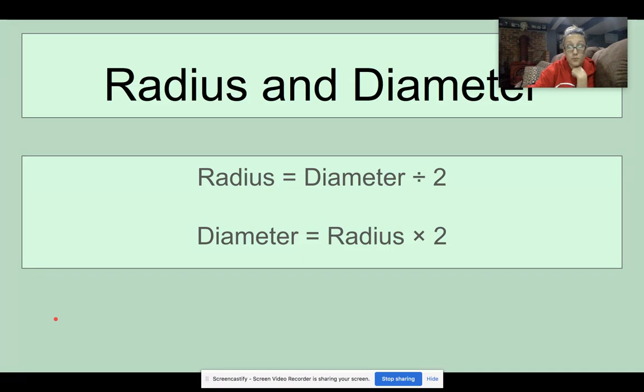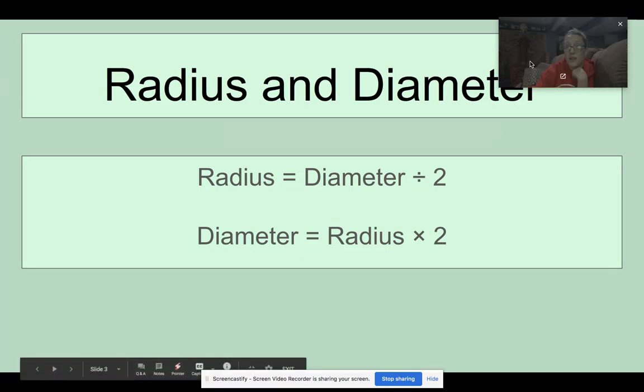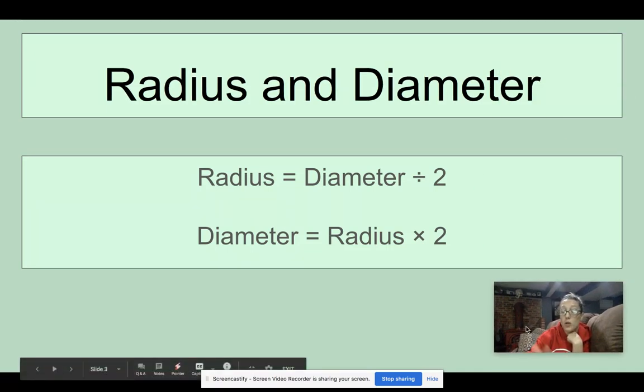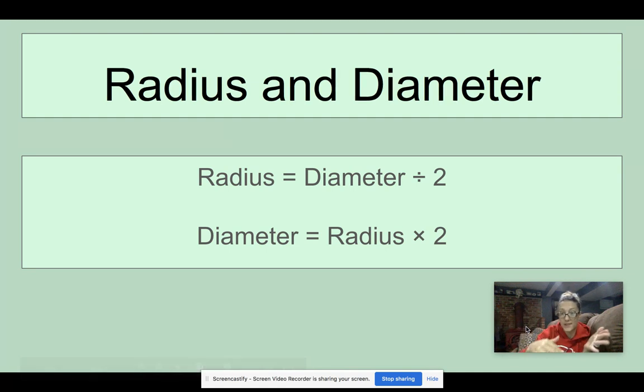All right, so important notes about radius and diameter. On our last slide, we showed the radius going from the center to one edge, and the diameter going from one edge all the way across, passing through the center. So what does that mean? That means the radius is the diameter divided by 2.